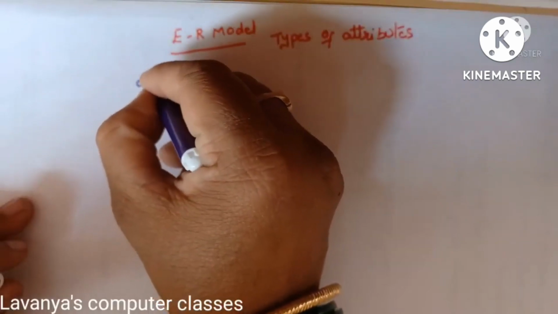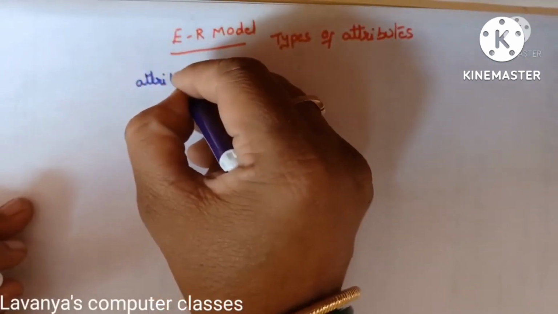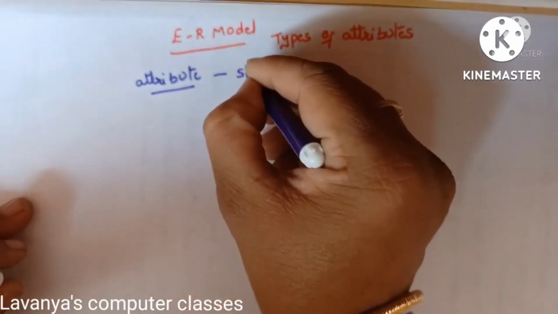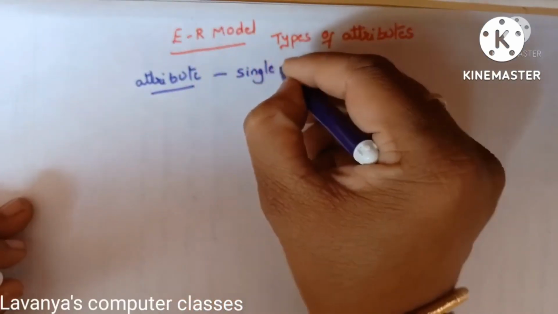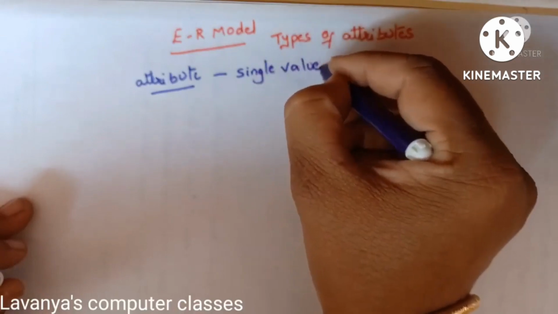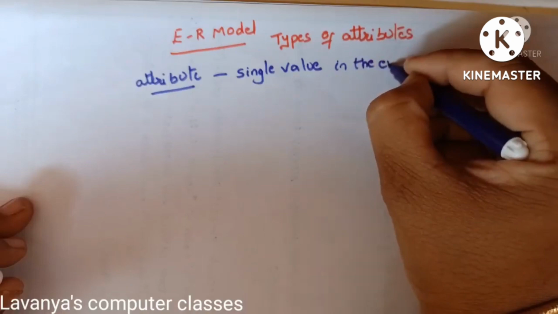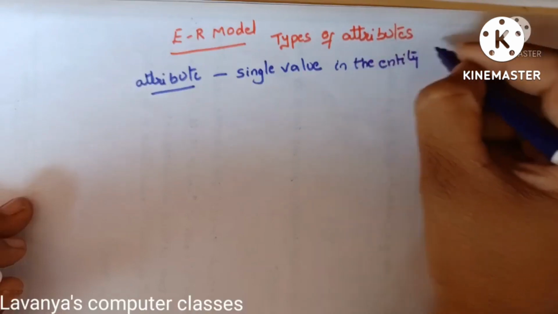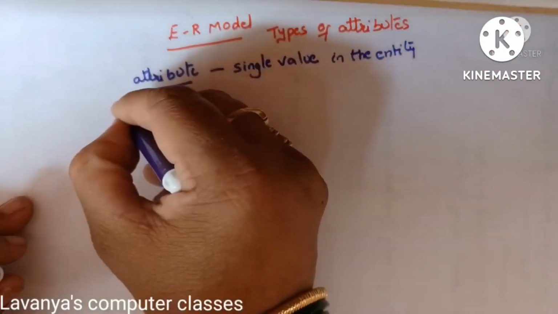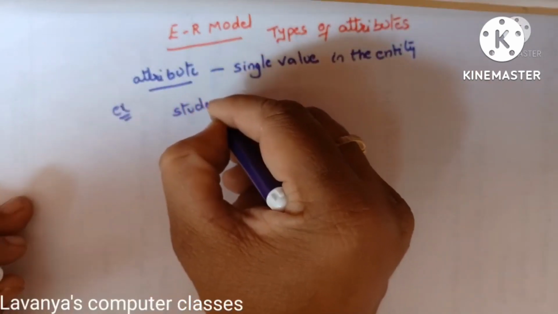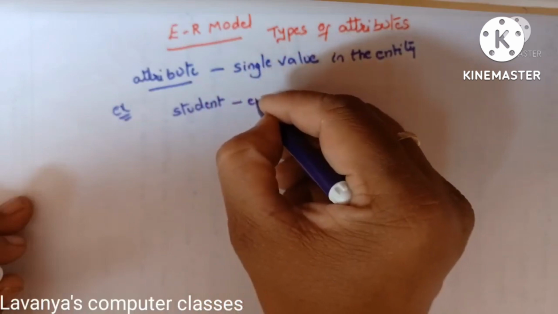Already we know what an attribute is. Now I will explain the types of attributes also. An attribute means a single value, an individual value in the entity set or in the entity. For example, the student entity.